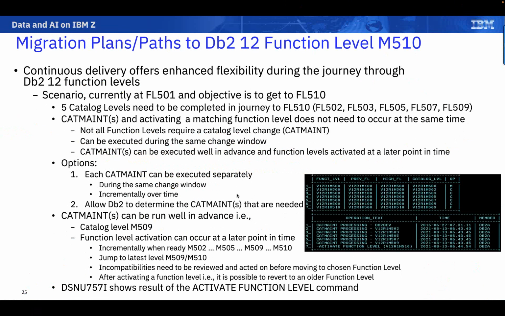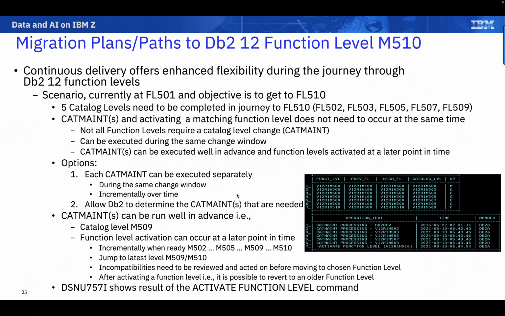What is really picking up a lot of momentum in my social circle and the SWAT team social circle is customers finding one maintenance window, whenever that may be, and then taking their catalog level and elevating it to 509. So you're sitting there at function level 501, you run these small changes, your catalog level is at 509, and at that point you could go to any function level you want, whenever your little heart desires.